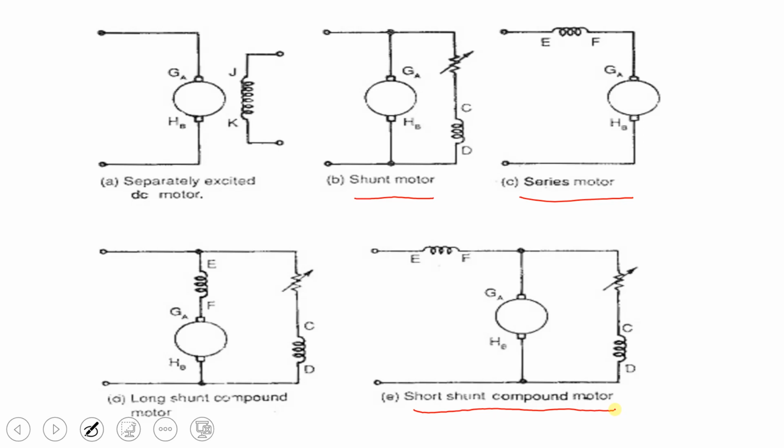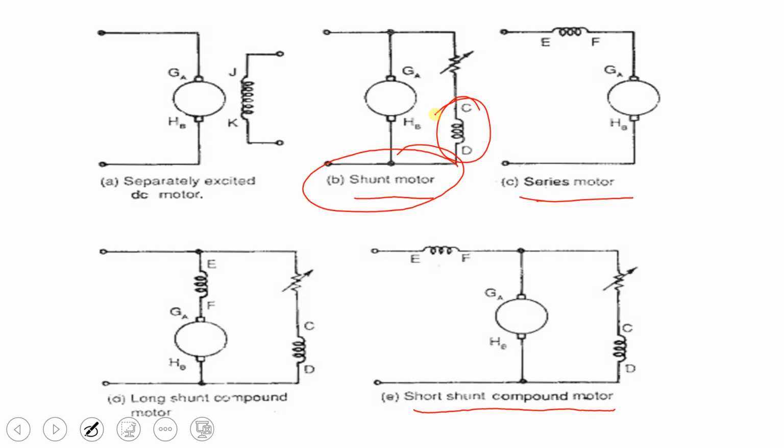First, talking about the shunt motor, in the shunt motor, the field winding is connected in parallel with the armature. As shown in this figure, this is the field winding and it is connected in parallel with the armature.